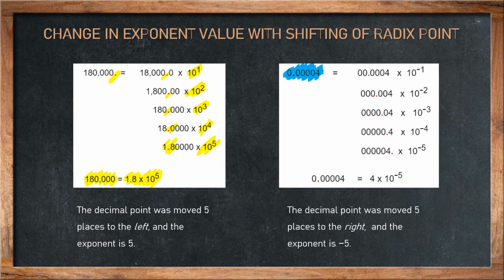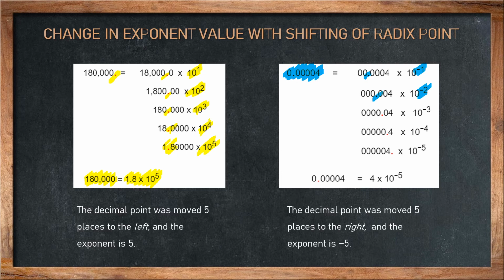Suppose you are shifting this radix point to the right side. We have shifted only one location. But when you shift the radix point or the decimal point to the right side, you need to mention the negative power, right? It is going to be a negative exponent. So suppose you are shifting 2 places, it becomes -2, and likewise for the rest.